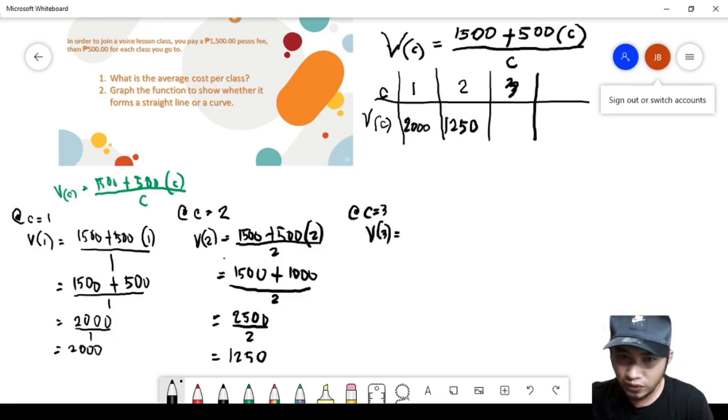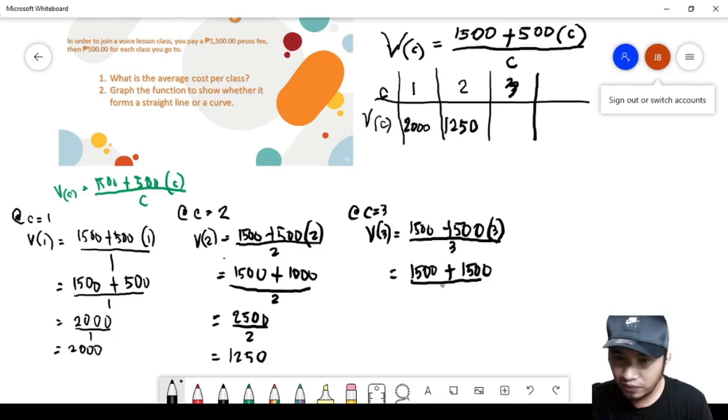Fee of 3 is equal to 1,500 plus 500 times 3 all over 3, that is 1,500 plus 1,500, that is 3,000 divided by 3, and that is 1,000. Aba, nakaka-discount ka na naman. Diba? Kapag tatlong nakuha mo, 1,000 na lang. Ilan kaya pag apat?